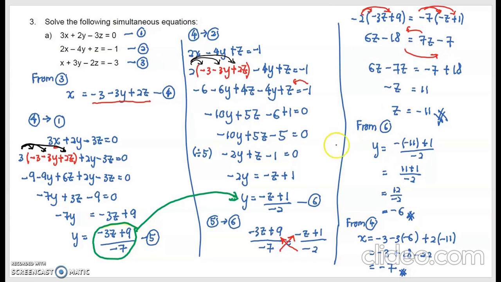Now our answer of x is negative 7, y is negative 6, and z is negative 11. Just now I made a mistake where I put positive 2; it should be negative 2.